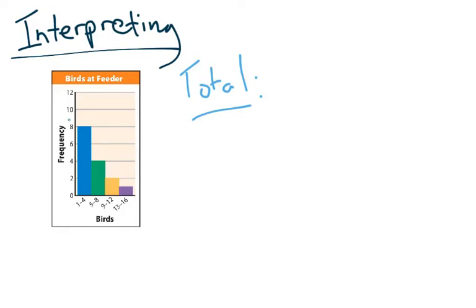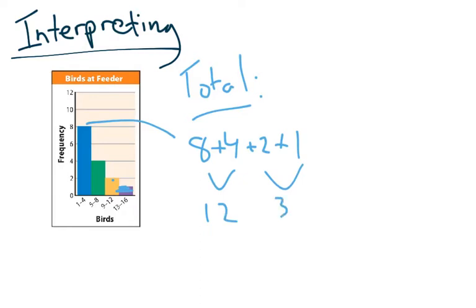All you have to do is take a look at these numbers here and add them all up. So from the 4 frequencies, I get 8 plus 4 plus 2 plus 1. And that's the hard part. Just make sure you interpret that as 1, not 0. And so then let's see what we get here. We'll get 12 plus 3 for a total of 15.